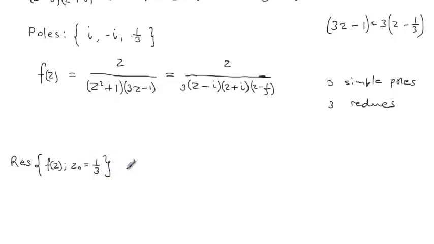We'll then say this is equal to, according to our previous discussion, the limit as z is approaching 1/3 of the expression of this form, z minus 1/3 multiplied by the function f of z.